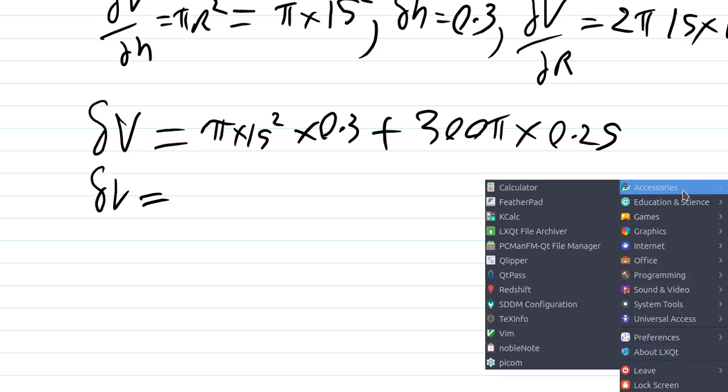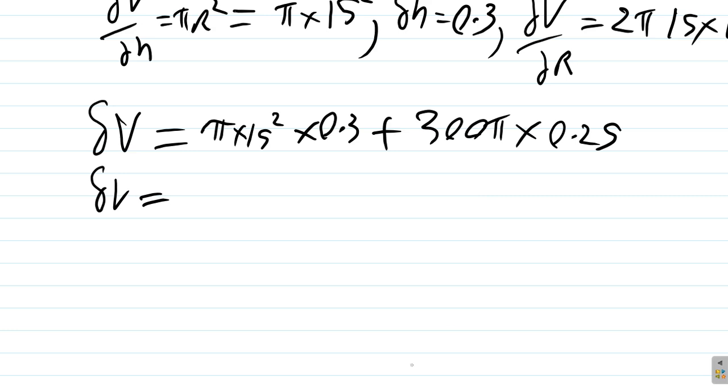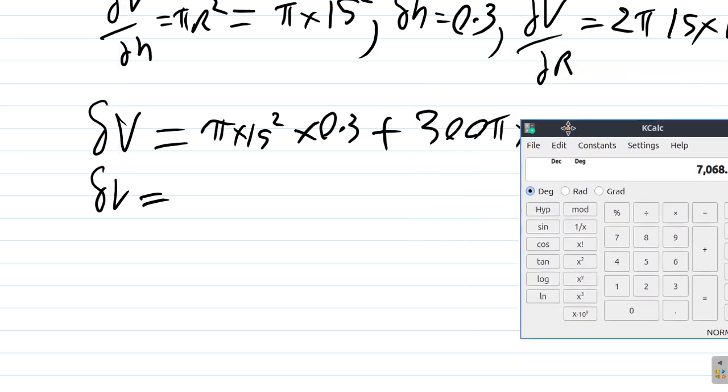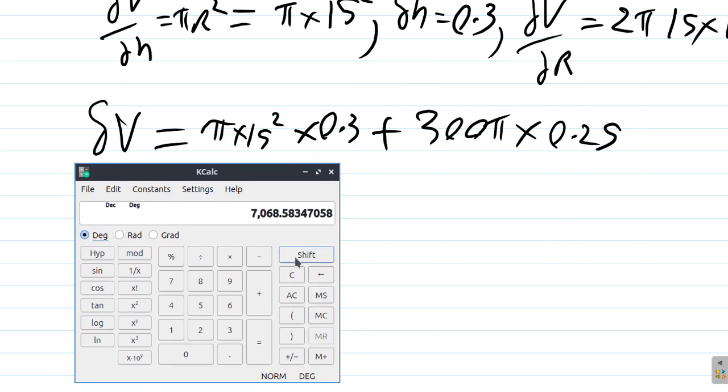Let's get the calculator here now. So what do I get? Pi multiplied by 15 squared equal, times 0.3 equal.